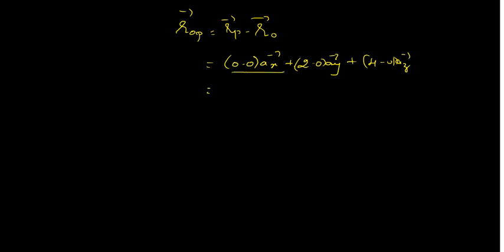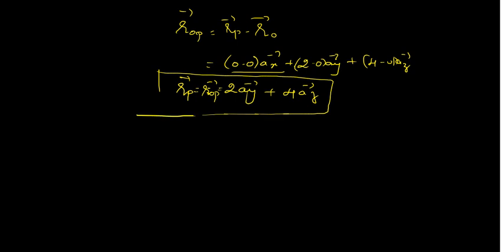The remaining thing is only 2 into Ay vector plus 4 into Az vector. So this is the position vector with respect to point P. So Rp is equal to ROP, which is again equal to this value. So this is the answer. So the first case is solved.